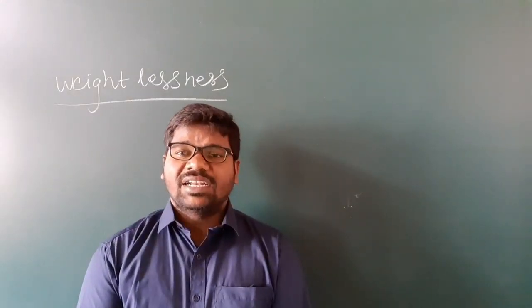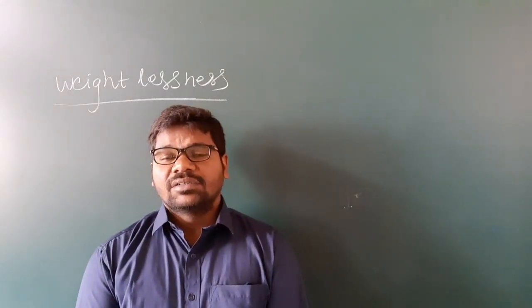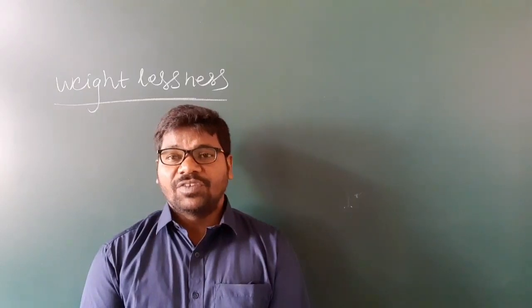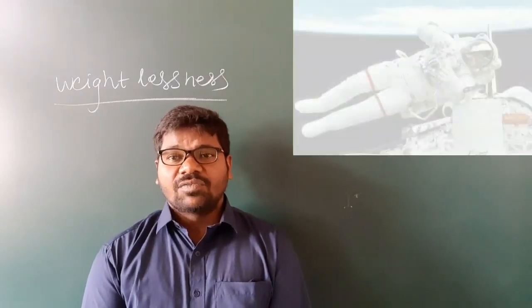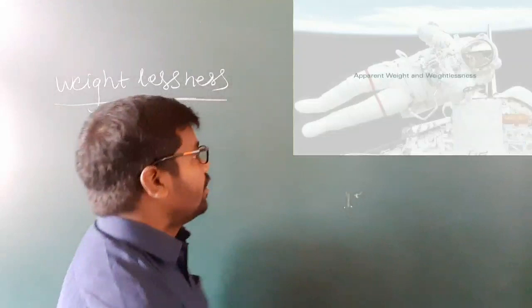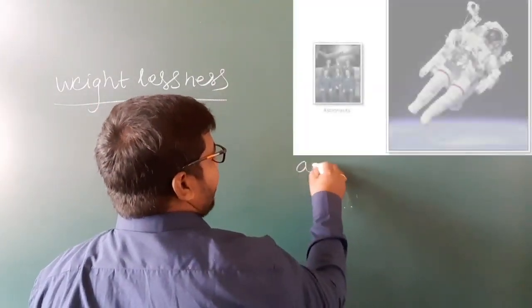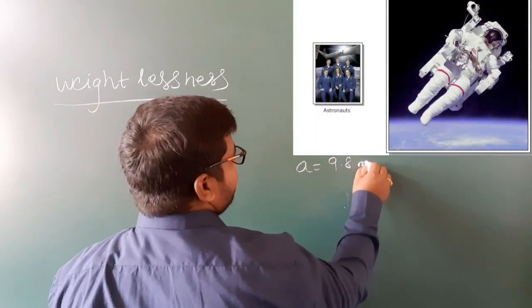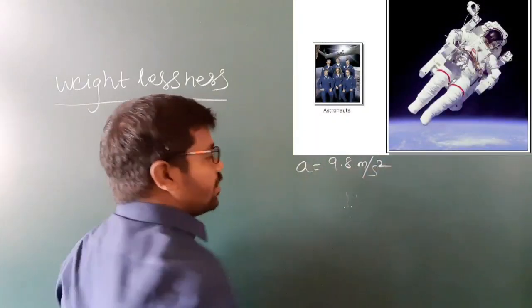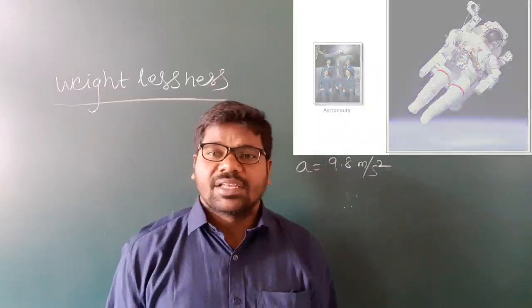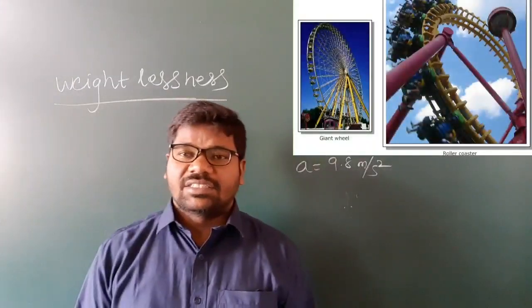So what happened? When the acceleration of a freely falling body is equal to g, a is equal to g, meaning the acceleration is 9.8 meter per second square, a body or a person feels weightless.